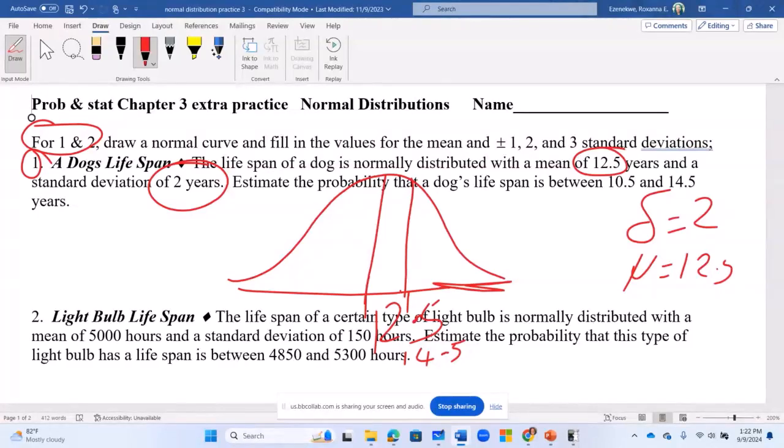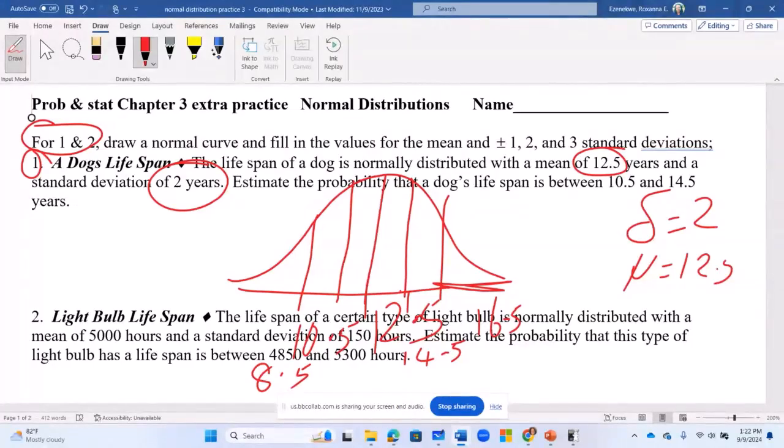If a dog weighs 2 standard deviations above the mean, then the dog will be 16.5. Well, if a dog weighs 1 standard deviation below the mean, that dog will be 12.5 minus 2, 10.5. If a dog is 2 standard deviations below the mean, then that dog will be 8.5.